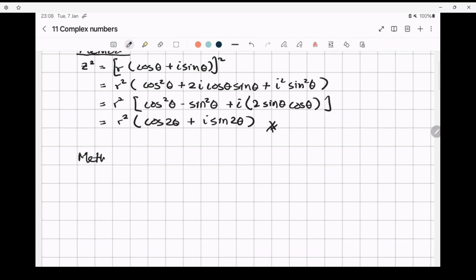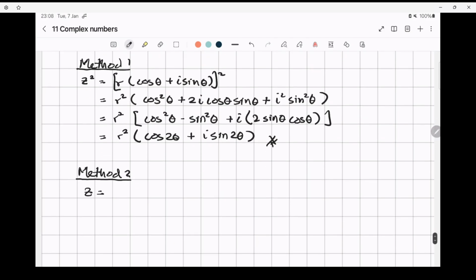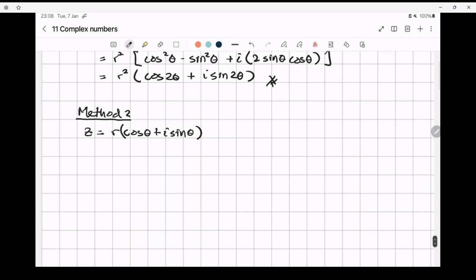Second method, which is a little bit not exactly given by the question. So the question asks you to assume this: z equals r cos theta plus i sine theta. So previously we also know that this is just r e to the i theta, right? So if you square this, essentially what you are doing is squaring everything on top.